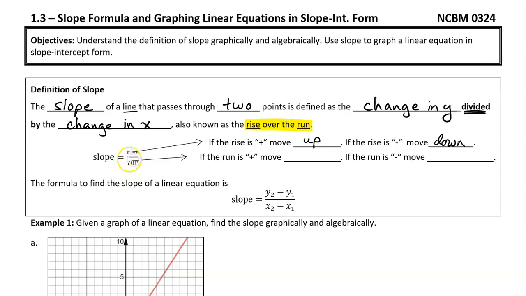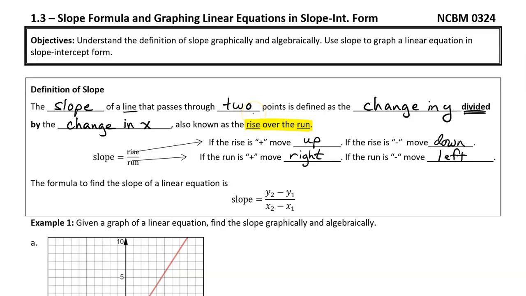If the run, the bottom, remember run is in the x direction, is positive, a plus, we're going to move to the right. And if there's a negative in the denominator, we're going to move to the left. So the rise part is the y direction that we're moving up or down. The run, the bottom, is the left or right movement. So with that action of up and down, left and right, that's the rise and run.